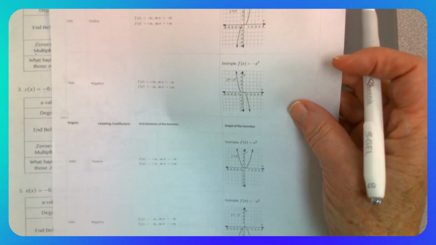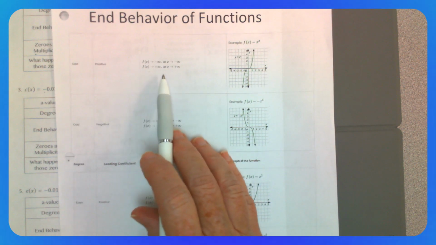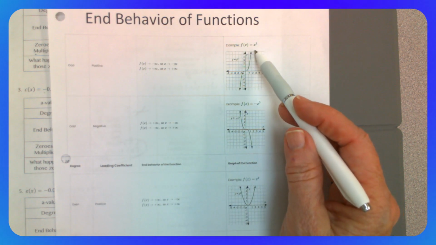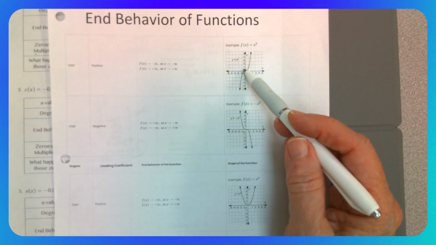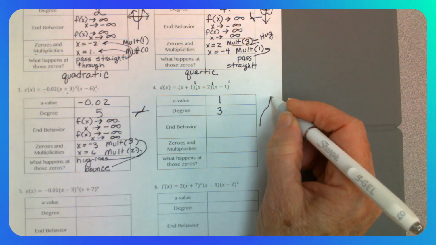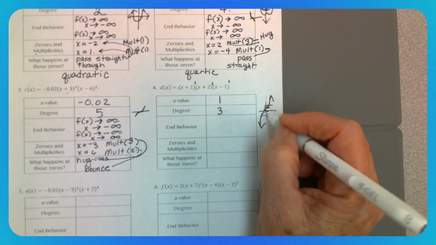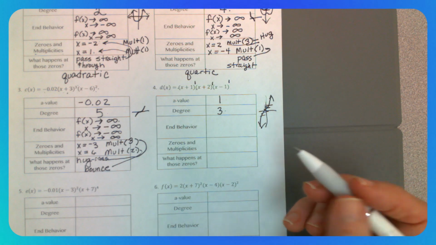So let's look at our notes. Odd and positive. So it's going to look like this. It's going to be going up in the first quadrant and down in the third quadrant. I'm not really sure what's happening in between, but I do know it's going up in the first and then down in the third.